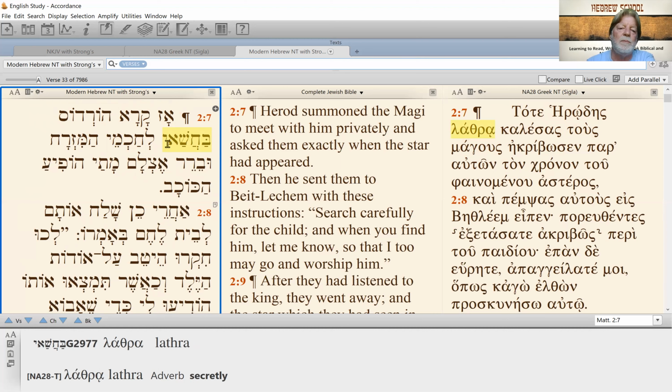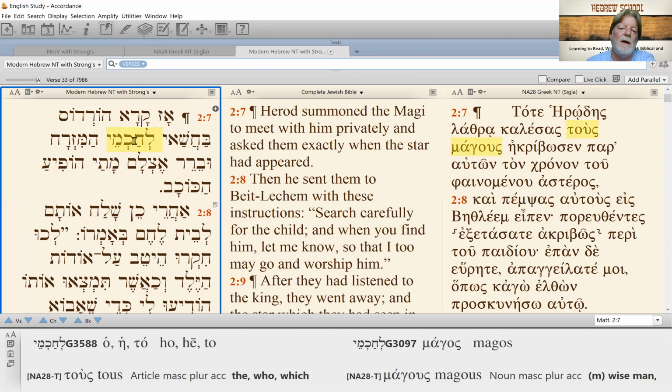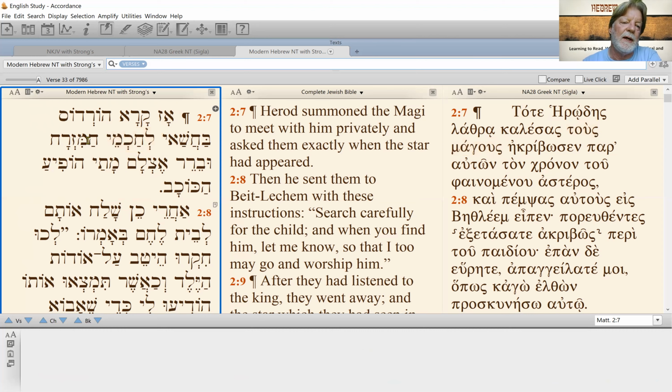It means non-publicly. La hochame, to, or in this case, from, the lamed prepositional prefix. Hochme is the plural of the wise men, the wise guys, the wise men.